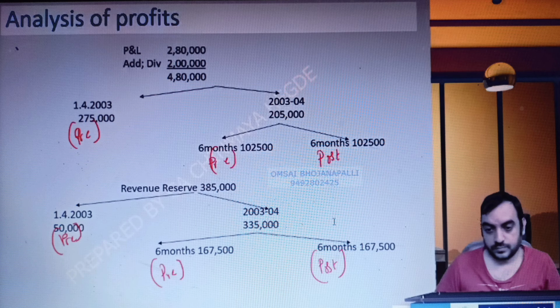So whatever the particulars: holding, subsidiary, consolidation adjustment, net. Net adjustment, let's say.